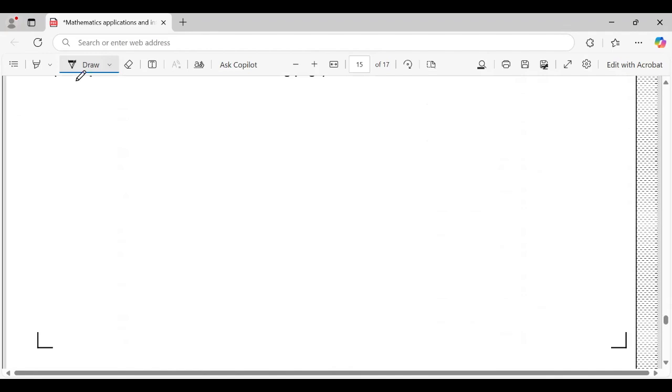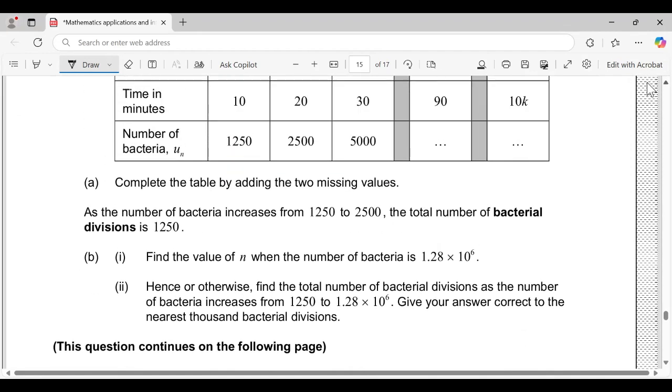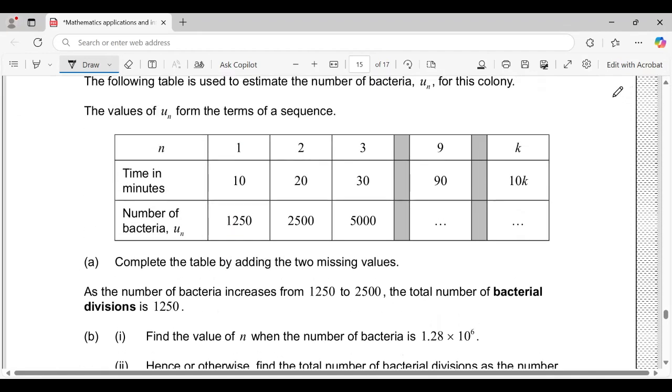From the pattern on this table, we can see that 2,500 equals 1,250 times 2, and 5,000 equals 2,500 times 2.